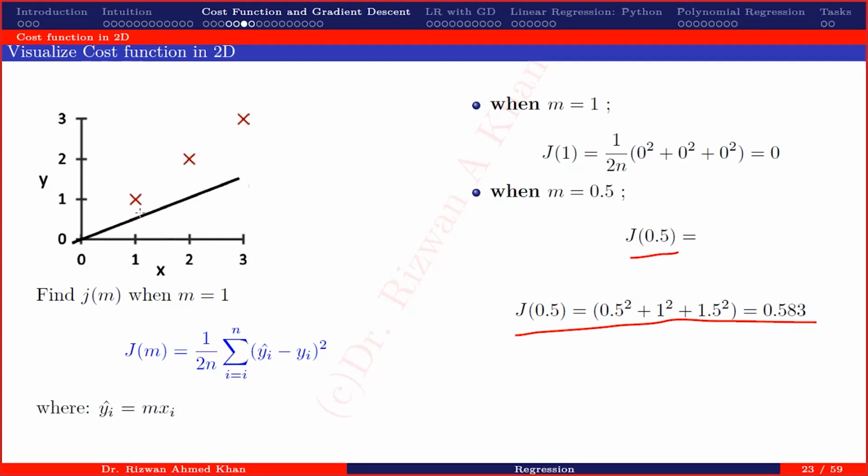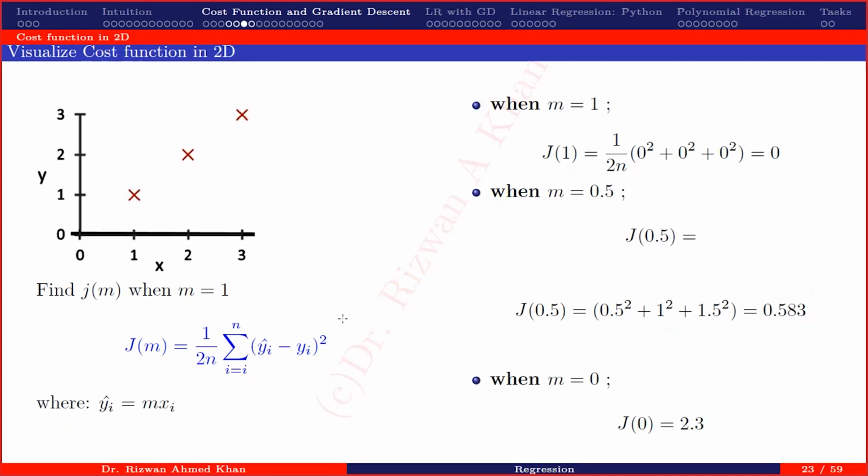So you can just see it will be 0.5, 1.0 and 1.5, and it's a squared error, so you put all the values back in this equation to find this answer. Whatever comes over here you multiply by 1 over 2n, don't forget that, and n is 3, so it's 1 by 6 times this value, and you will find this answer 0.583.